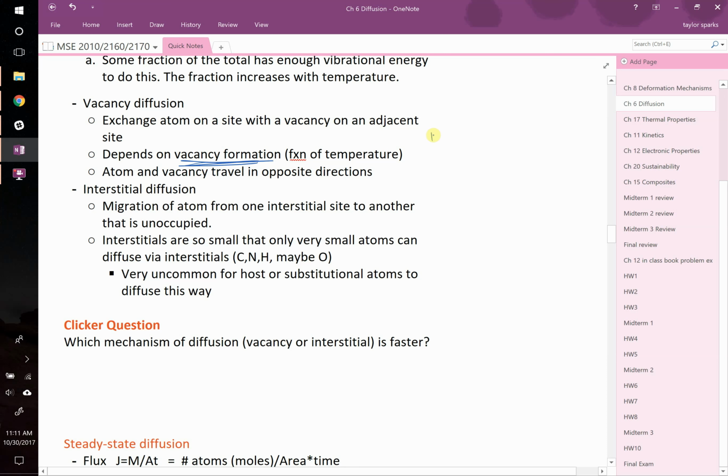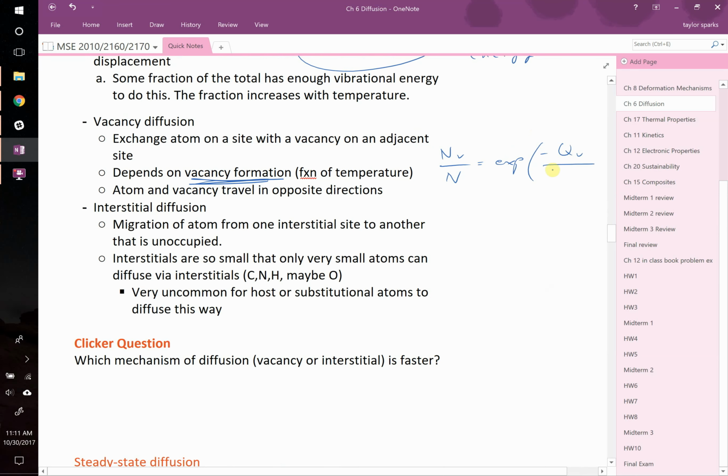We know that the fraction of empty seats, Nv over N, equals the exponential of negative Qv over kBT, right? So the higher the temperature, the more vacancies there are, and therefore vacancy diffusion is going to get easier and easier at higher temperatures because there are more vacancies, okay? And then one last thing to note here is that the atom and the vacancy travel in opposite directions, right? They exchange places, so they must travel in opposite directions.